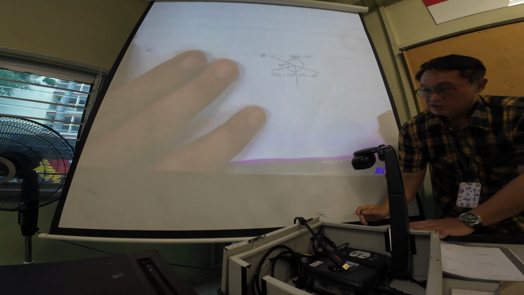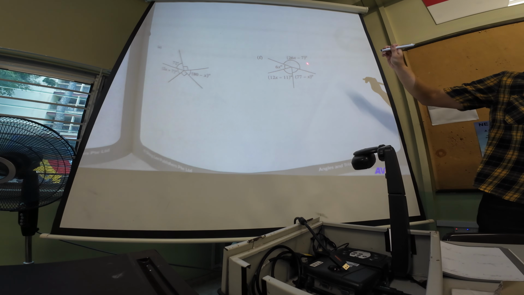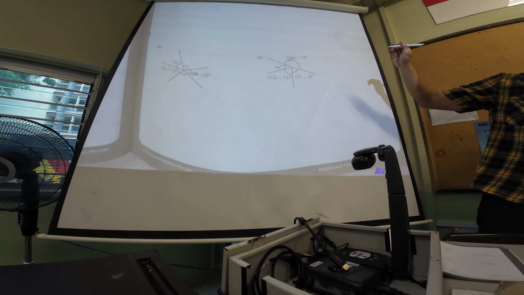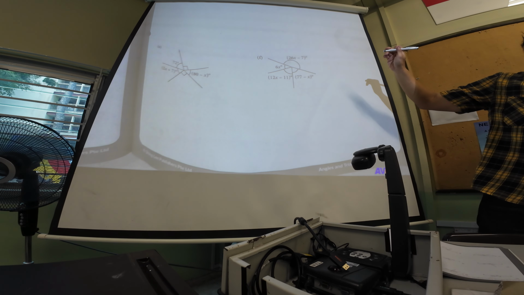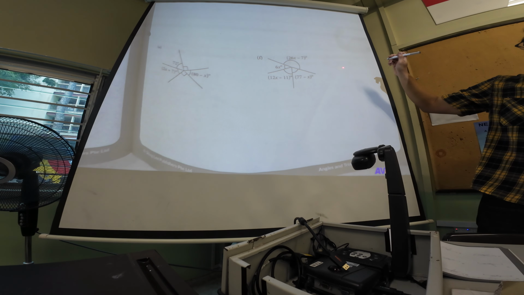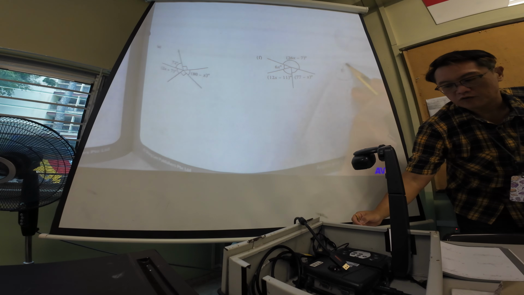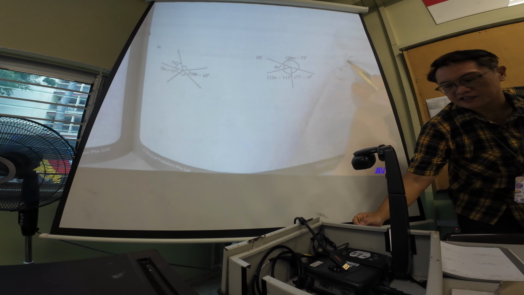Okay, this time round there are 1 angle, 2 angle, 3 angle, 4 angle. Individually, very complicated, but I only need to know when I add these 4 angles together, they will be the same as one whole big round. One whole big round, which is 360 degrees.